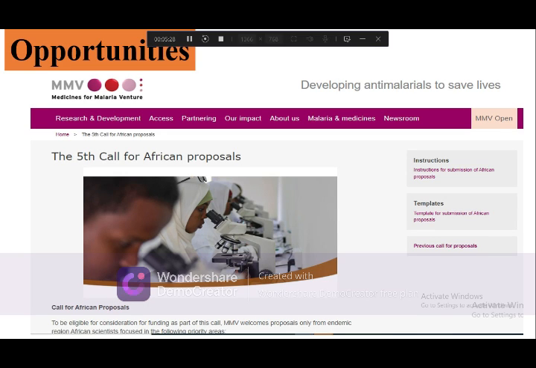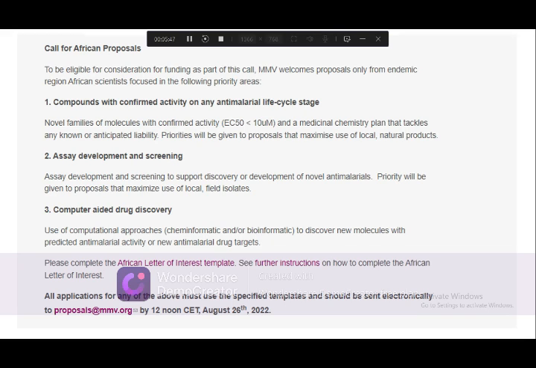So the opportunities in bioinformatics and chemoinformatics, as I told you, recently we have this call for paper presentation proposal, and the call is still on. What interests me most is the third option here. Next slide, you see the options available.